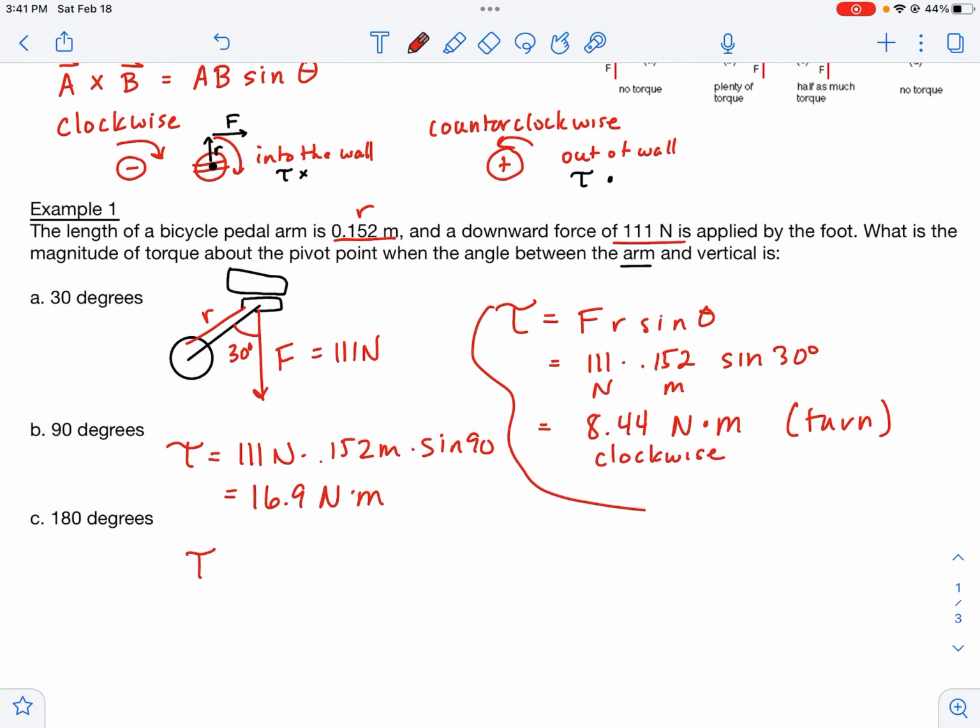And let's do it one more time for 180 degrees, 111 newtons times 0.152 meters times the sine of 180. Sine of 180 is 0, so that gives me 0 torque. This, by the way, would be when your pedal is at the bottom, when your foot's at the bottom of the pedal rotation.